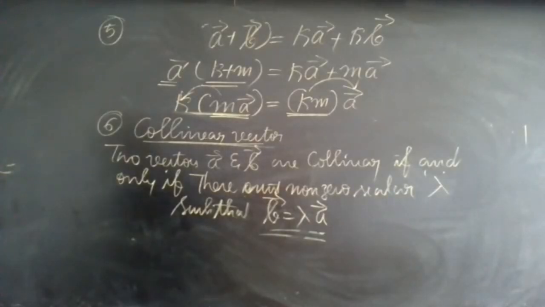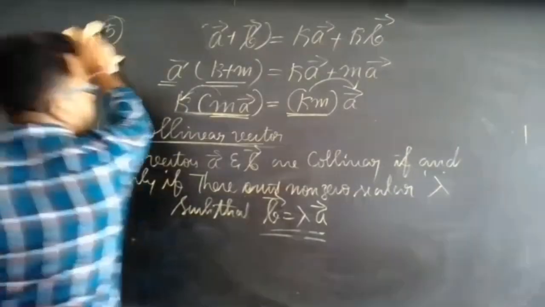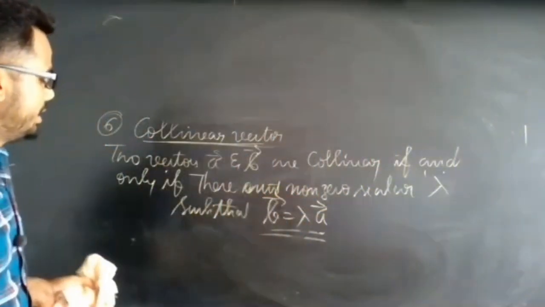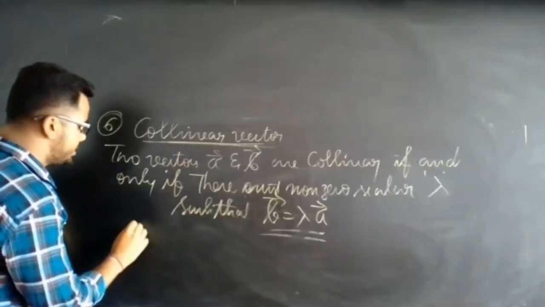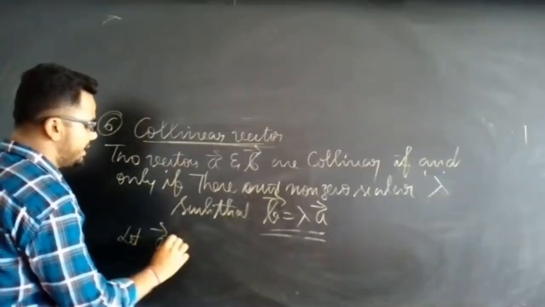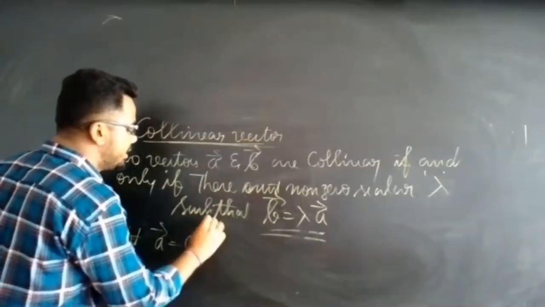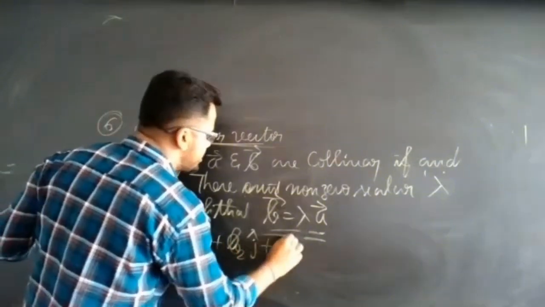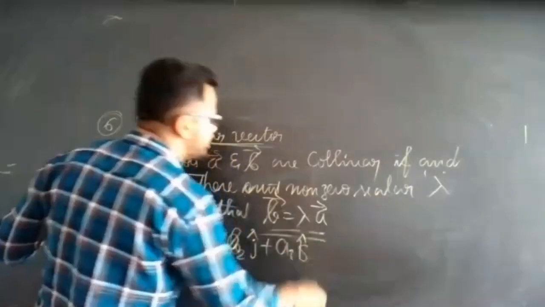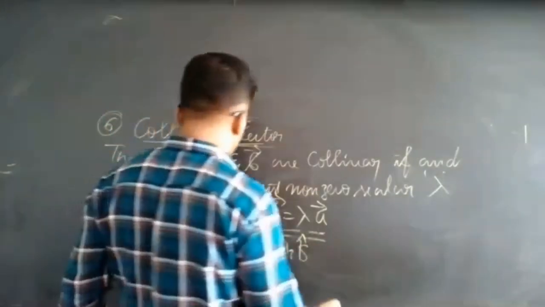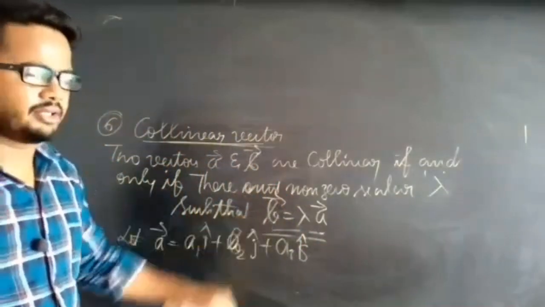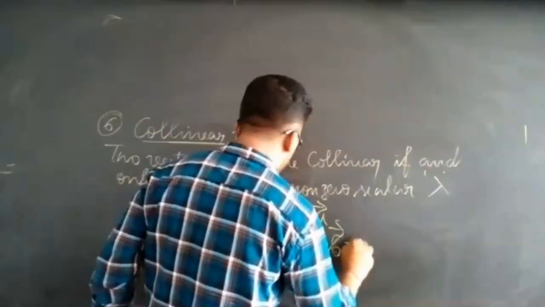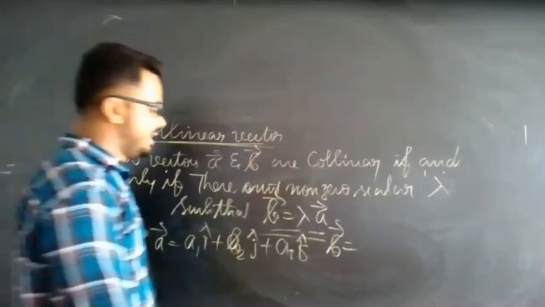So we shall consider two vectors. Down of that only you write, guys. Don't write something newly. Let A be A1 i cap, A2 j cap, A3 k cap. Next, observe properly.